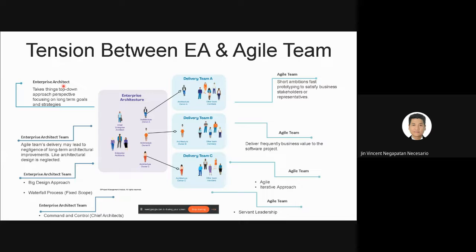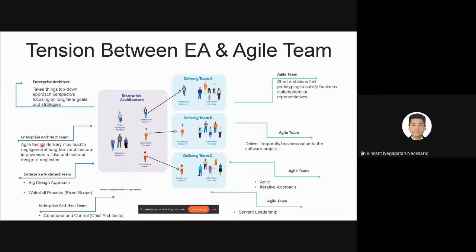Not unlike the agile team, they usually focus on fast prototyping or short ambitions to satisfy the business users or stakeholders. One thing that the enterprise architect doesn't like about that is, for example, technical debts. It could lead to design negligence in the long term, if that's always the case.